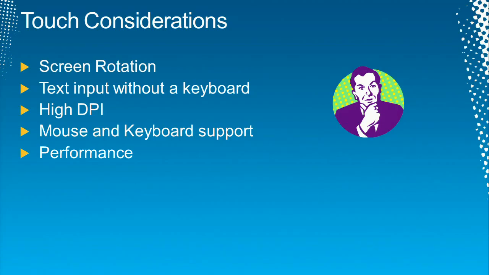They bump up the DPI to the next level, which is 125%. So your effective resolution goes down, and it can cause some compatibility issues in your application, depending on how you wrote your application. So high DPI is something you should consider, and usually you'll see the problems right away when you run on one of these devices because they are set at high DPI. That's just because they want the fonts, the buttons, everything to be a little bit larger, so you can target those things in Windows and current applications.